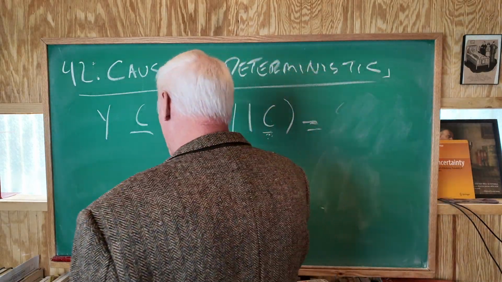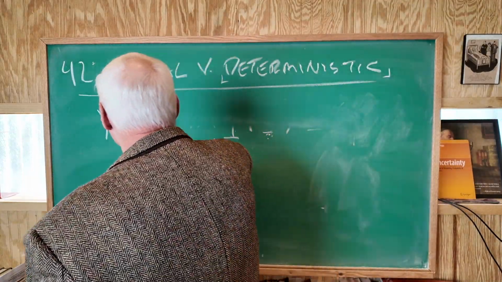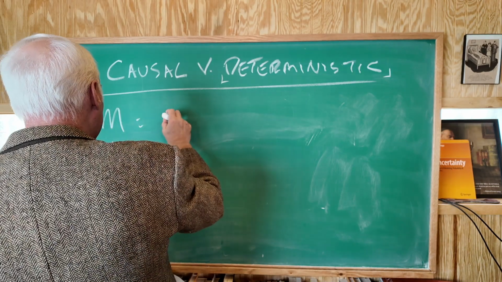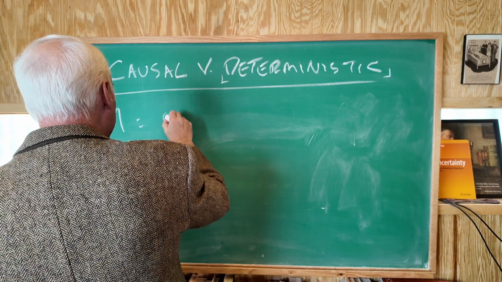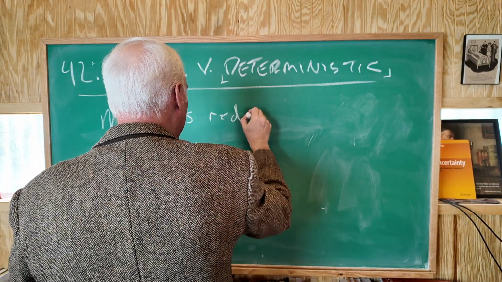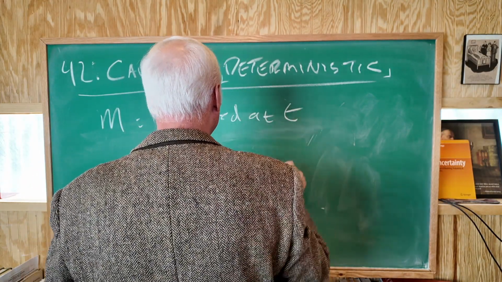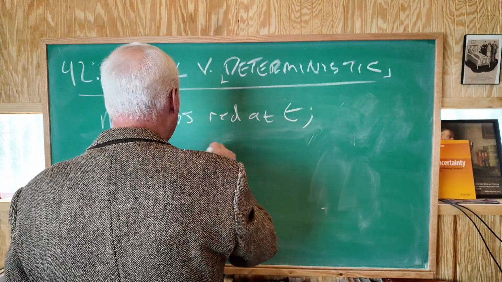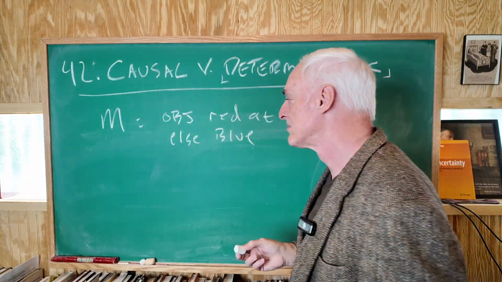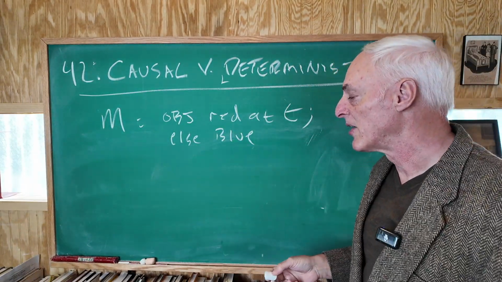Okay, suppose we have a model. Then let's have a model which says this: the object, whatever the object is, is red at time t, otherwise it's blue. Okay. So there we go.